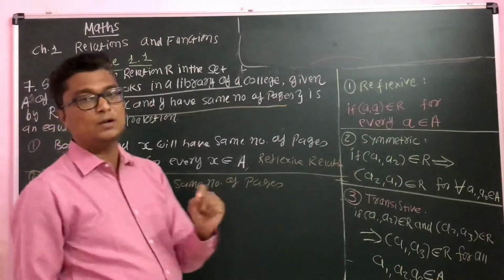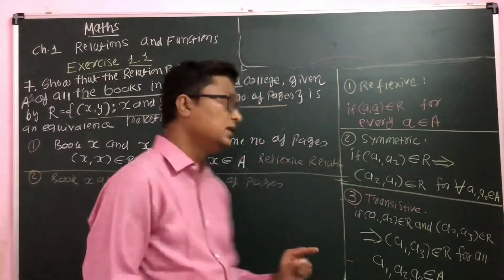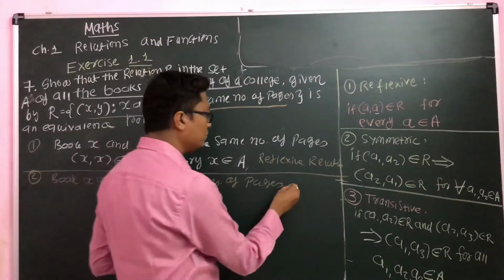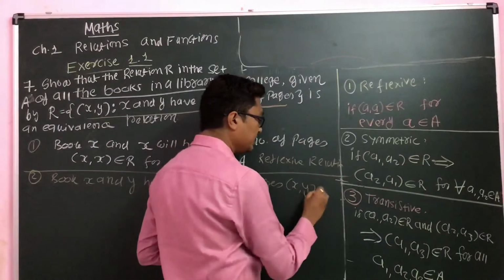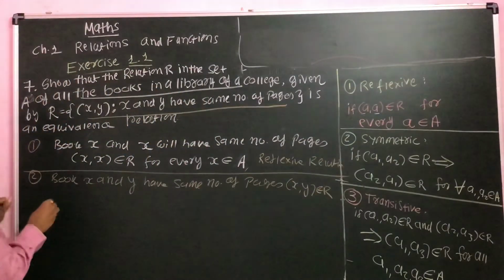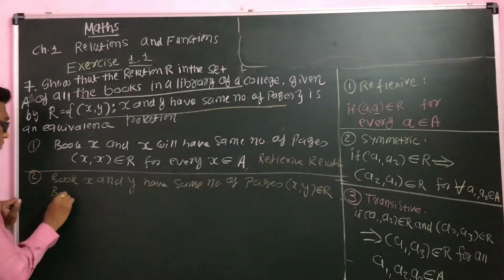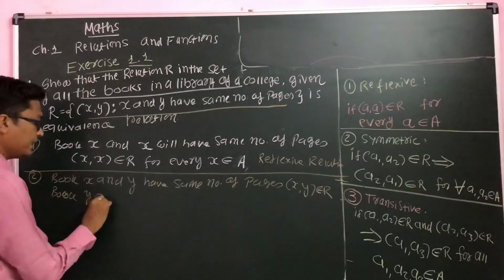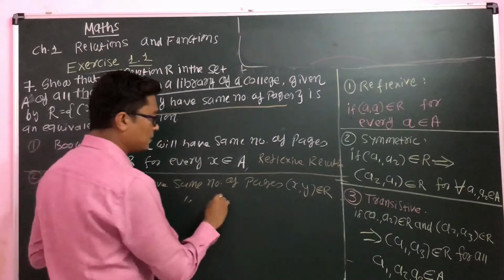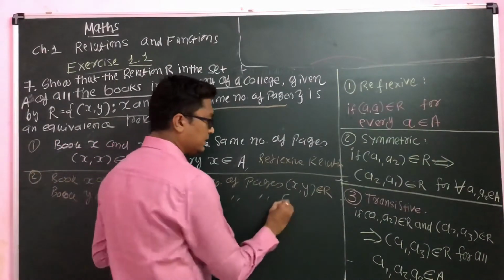X and Y है, मान लो कि दोनों के 100 पेजेस है. तो X and Y have the same number of pages. That's why I can include them: (X, Y) belongs to R. ये मैं लिख सकता हूँ. इसका उल्टा भी सही है, जैसे कि बुक Y and X मैंने स्वैप कर दिया ऑर्डर, have the same number of pages. तो ये बात भी सही है.